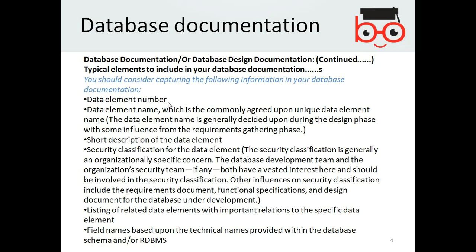An element could be any person or any place or something like that. So that particular element should be given a number. Then the data element name should also be given, the commonly agreed upon unique data element.